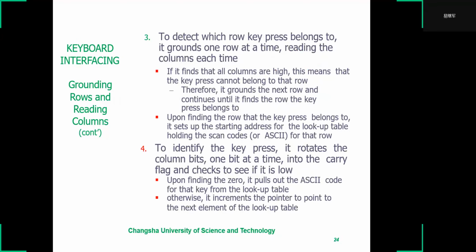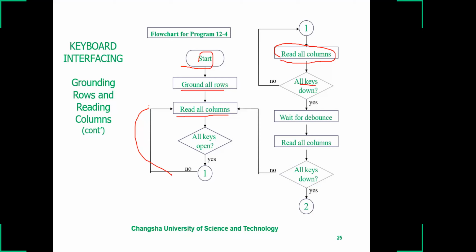Stage 3. To detect which row the pressed key belongs to. Are all keys up? No, not all keys are up. There is a key down.